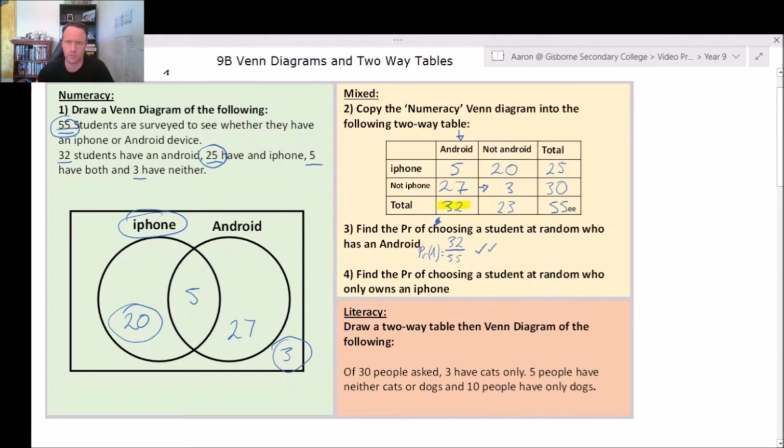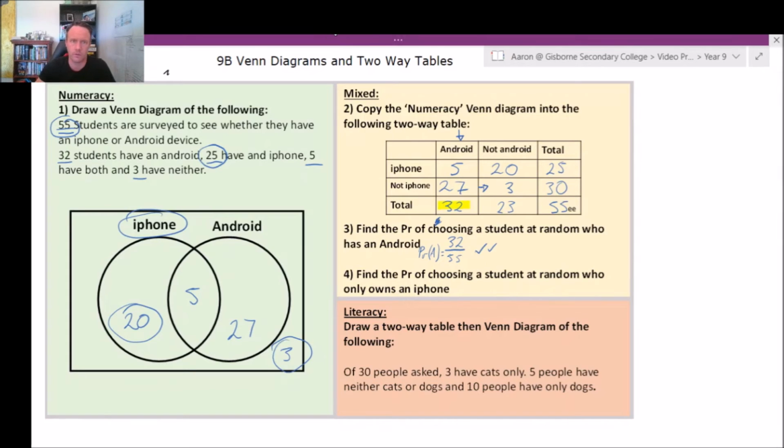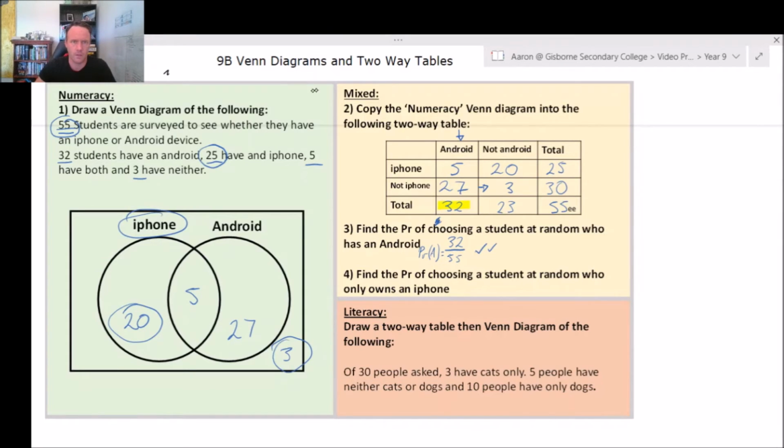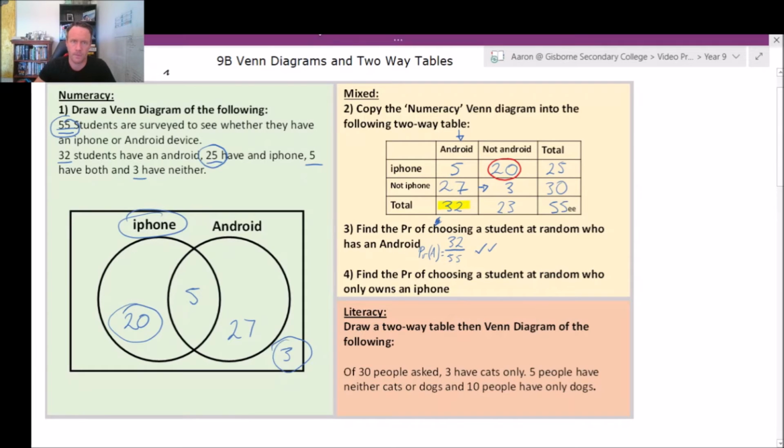Now, find the probability of choosing a student at random who only owns an iPhone. Okay, so only owns an iPhone, so we don't consider this one here, the iPhone Android combination. We want just those that own an iPhone. That one there.